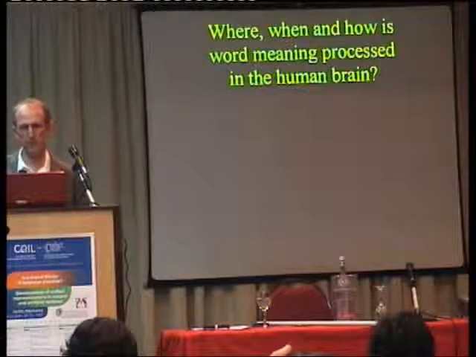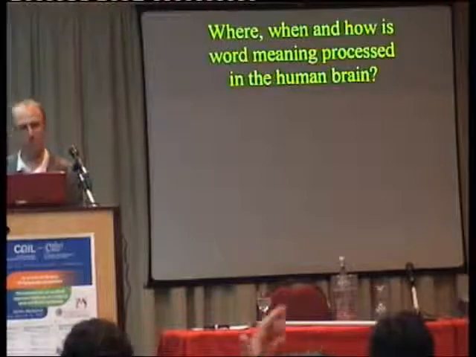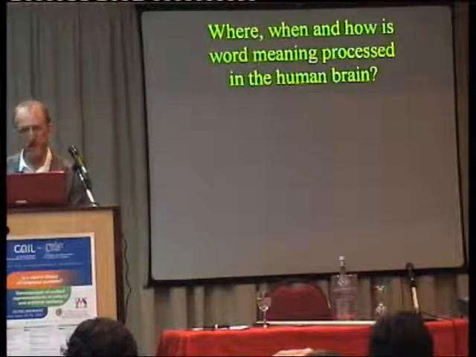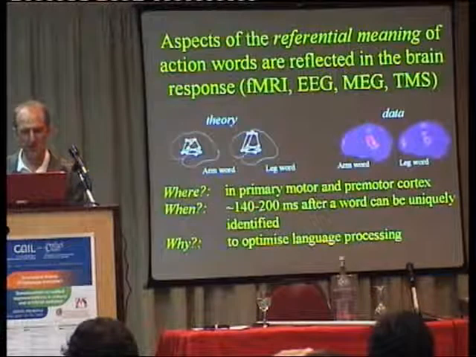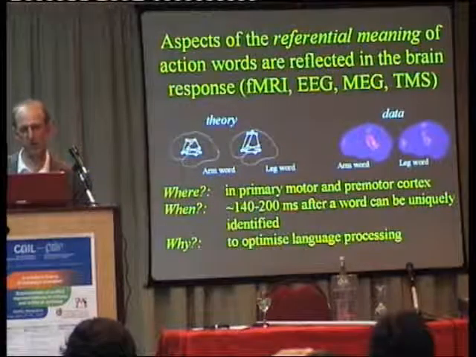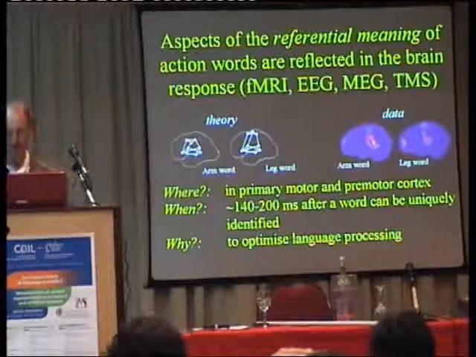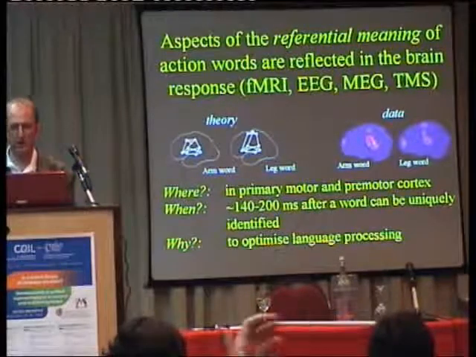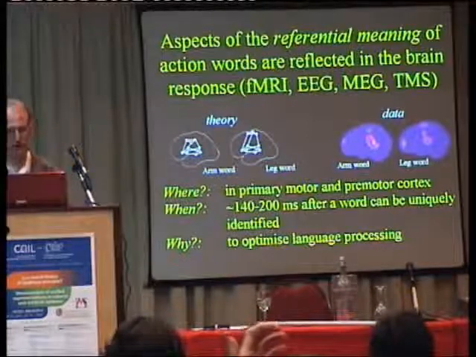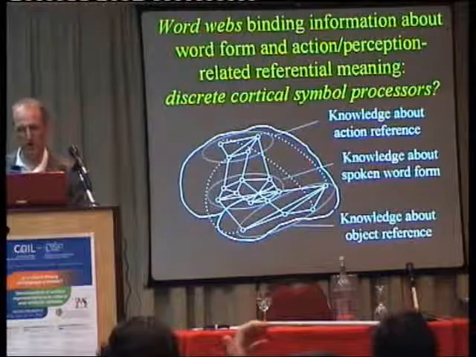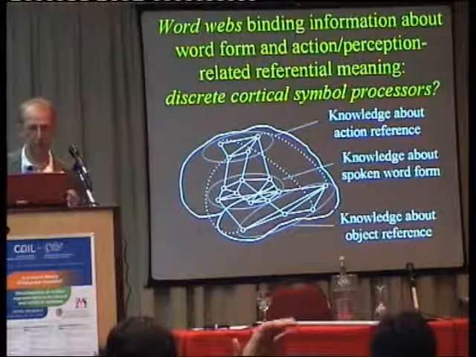Good. So the answer to the more general question, where word meaning is processed in the human brain, has now a flexible answer. For example, in the case of action words, we have different parts of the motor system that play a role in the semantic representation and processing of words, according to what we found here in our results.